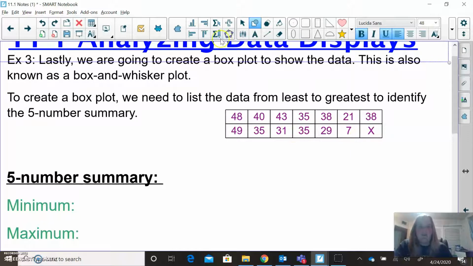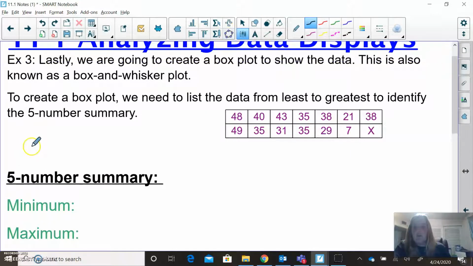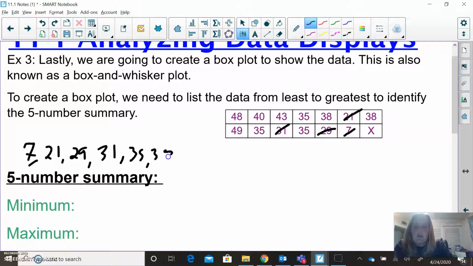Our lowest number is 7. The next number after 7, if you look at your data, is 21. After that is 29. The next number after that is 31. Then we've got 35 three times, and you do need to write 35 three times.